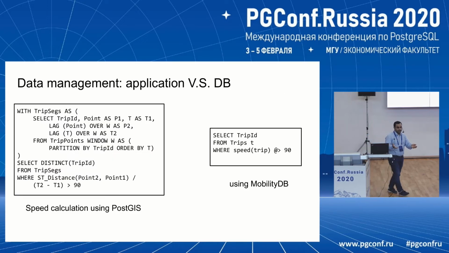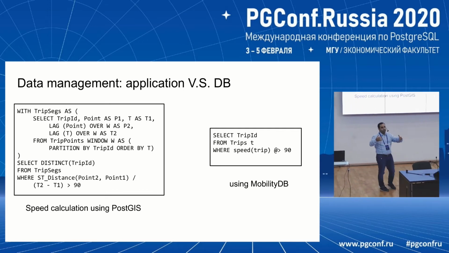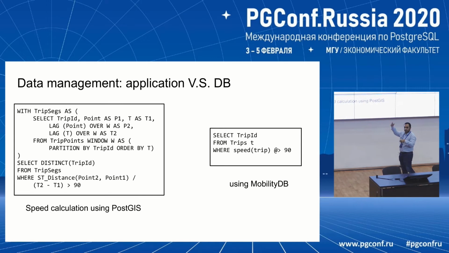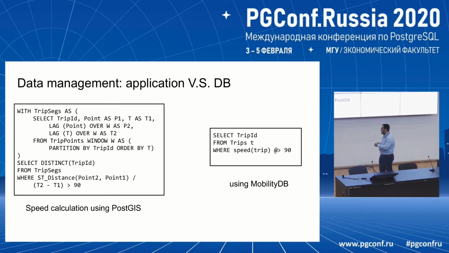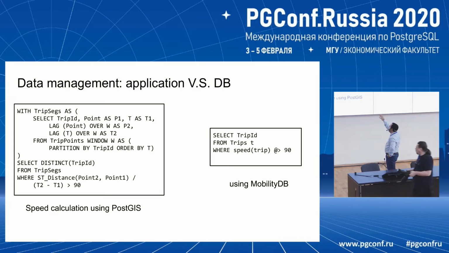Why do we need this? Basically, to push the data management to the database level. So let's compare how we do the speed of a trajectory in PostGIS and in MobilityDB, or in general in a moving object database system. PostGIS understands points, but it doesn't understand the trajectory. So you need to put this understanding in your SQL query.